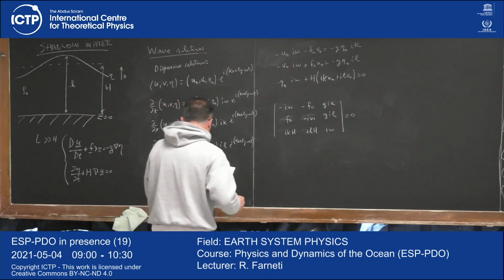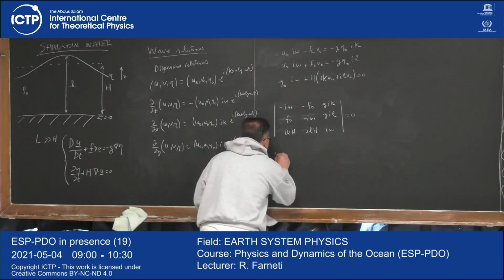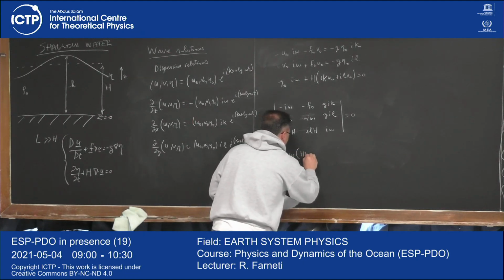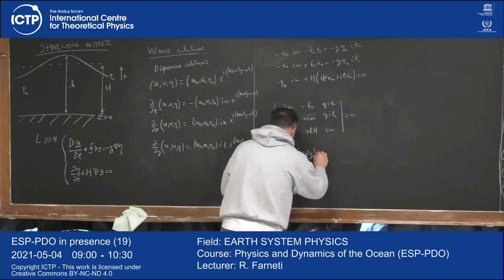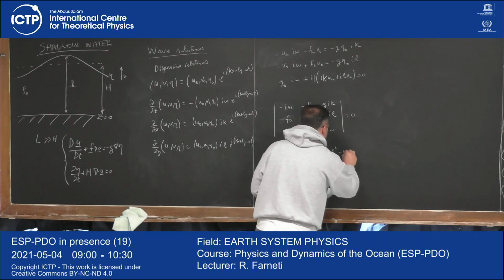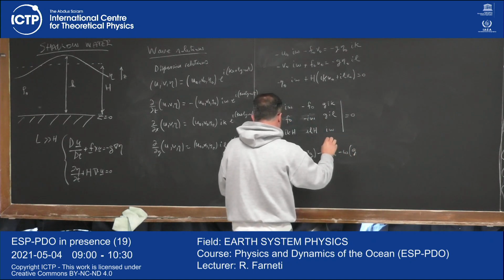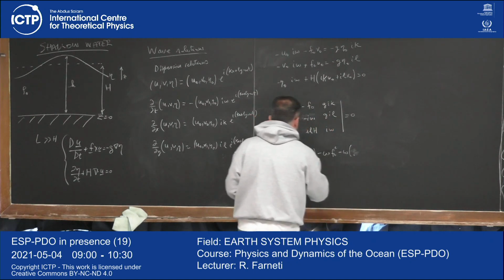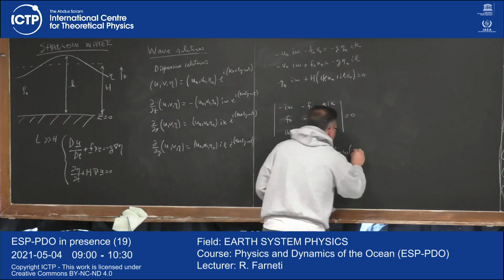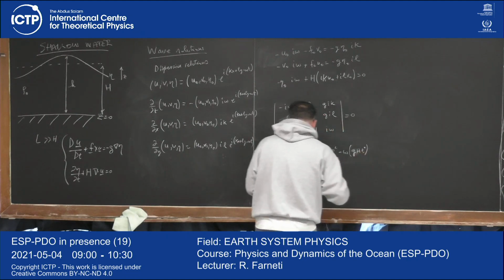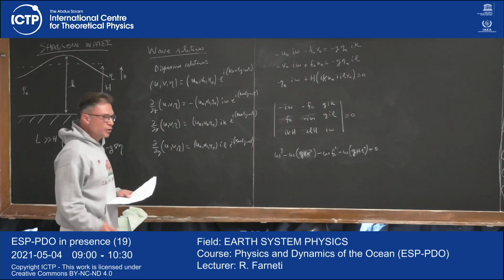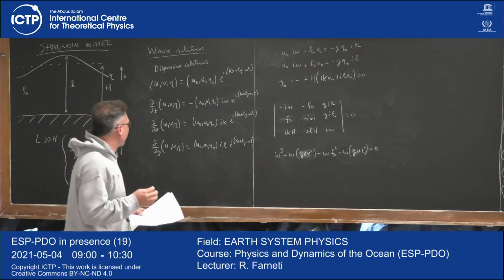So now you look for solutions of the determinant, and it's going to be this: omega times omega squared minus g h k squared, minus omega times f naught squared, and so on. Already a gh coming out that should ring a bell.